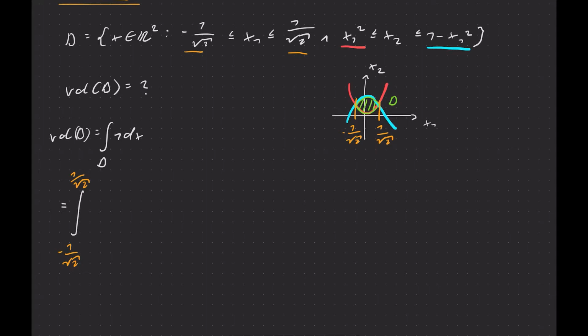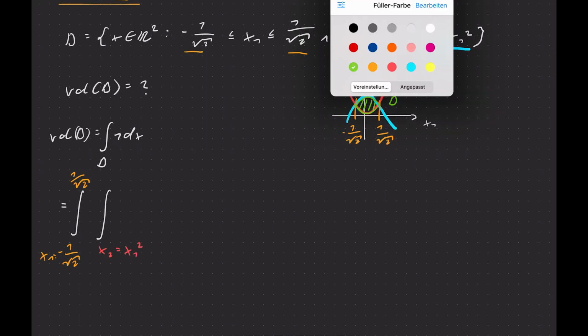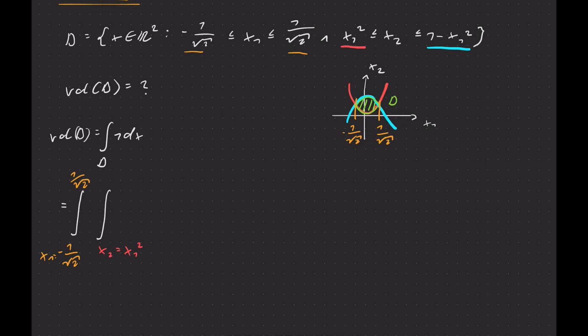And then the inner integral is over x2. So let me write x1 here. And x2 has a lower and an upper bound. So the lower bound for that x2 integral is x1 squared. The upper bound is 1 minus x1 squared.